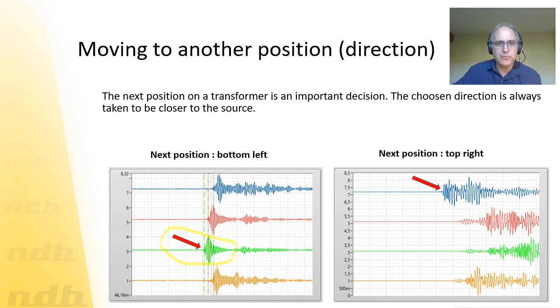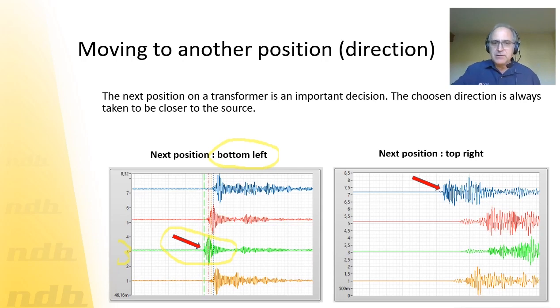So this one is number 3. It means that the source is located bottom left, so you won't move right. The goal is to move as close as possible to the source. So your next move, based on the information obtained, will be somewhere bottom left.